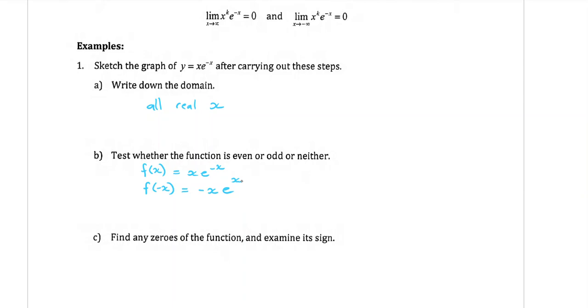Now, if that comes out the exact same as the original, that would mean that it is even. But it's not. So then we try to bring out a minus sign. So I go minus, and that would be x e to the x. Then, if what's in the bracket is the same as the original, then it would be odd. Is that the same as that? No. So, it's neither.